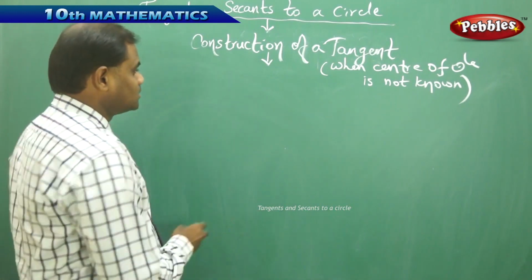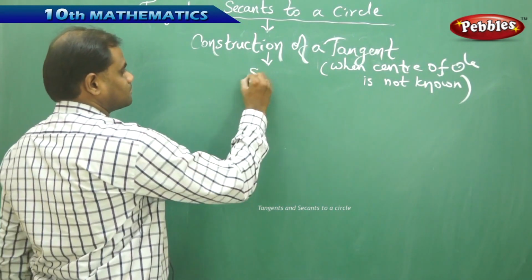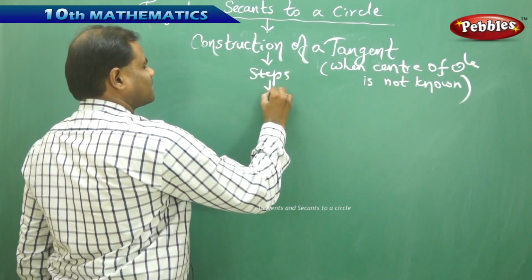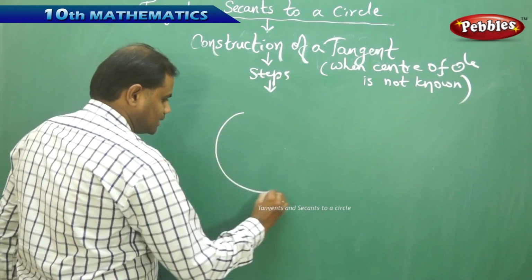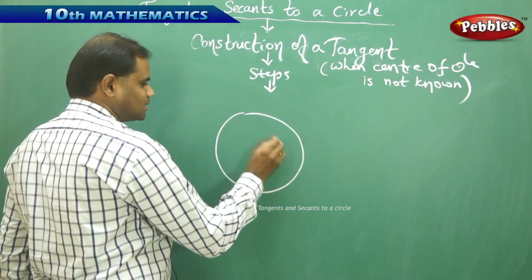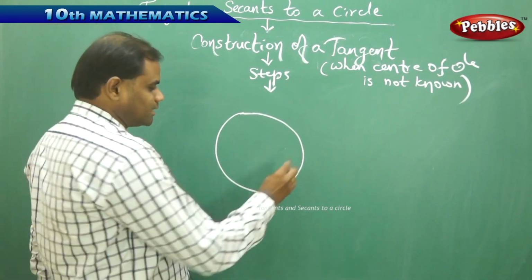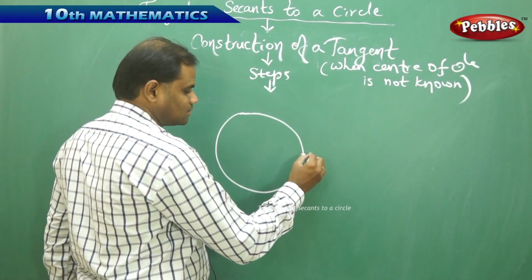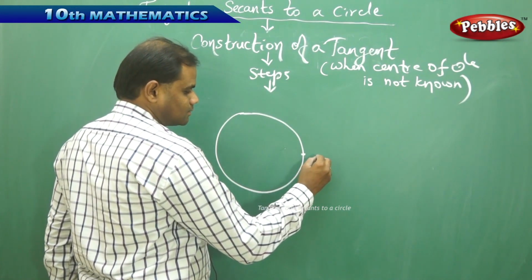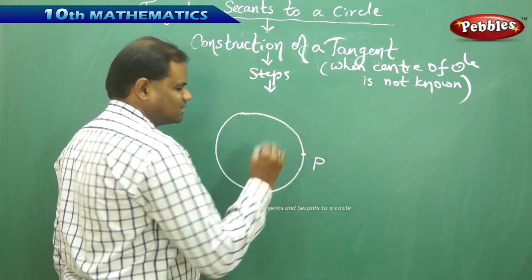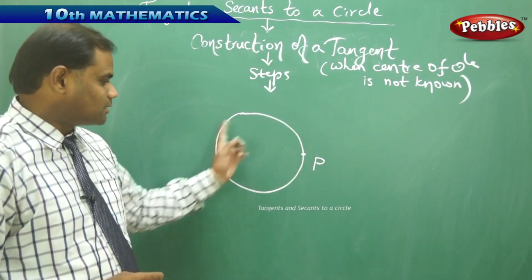So in this case, let me take the steps which involve a circle. Let me take a circle whose center is not known. I take the point P on the circle, say the point P on the circle is this, on any part of the circumference.